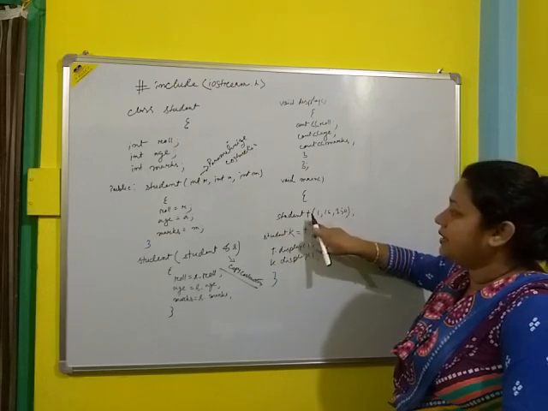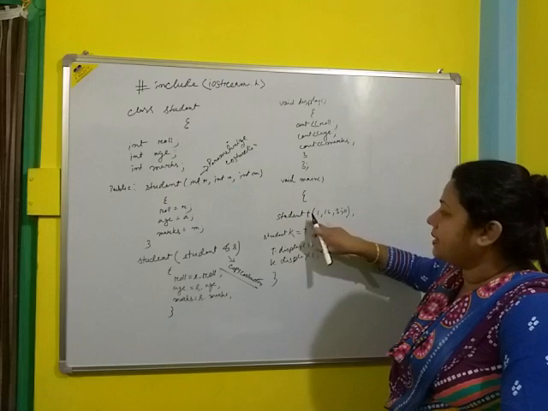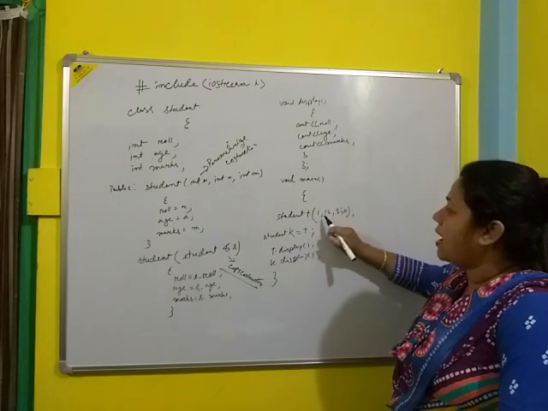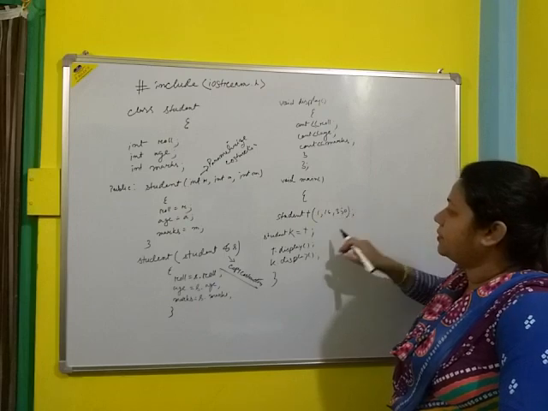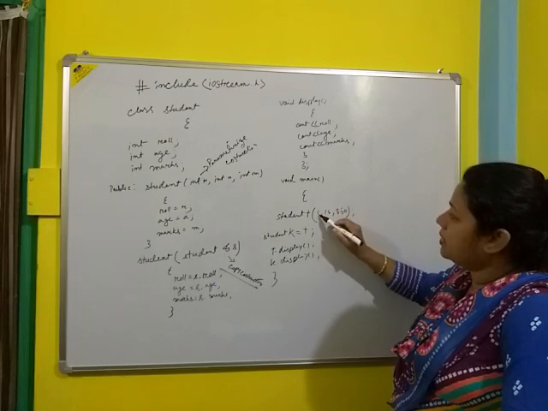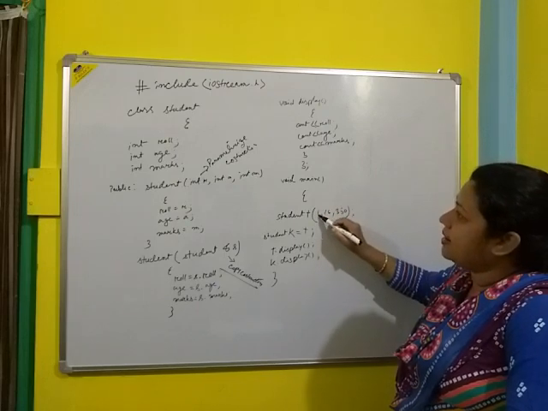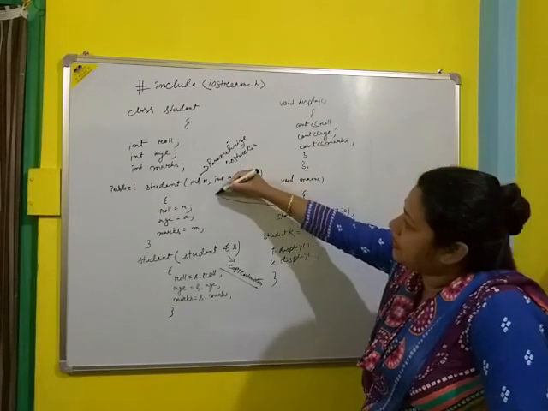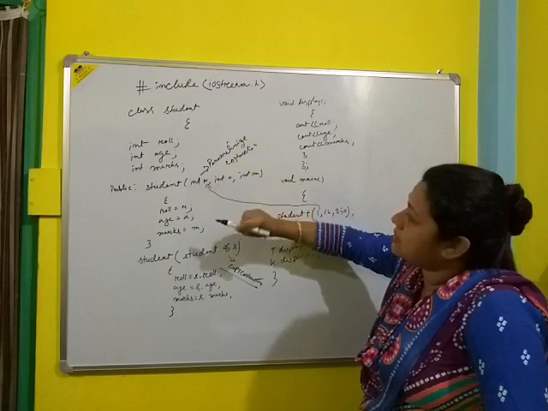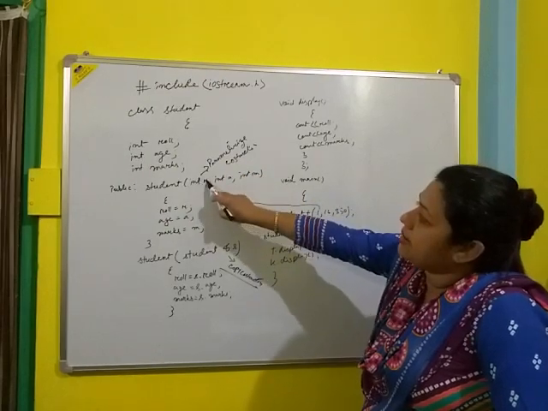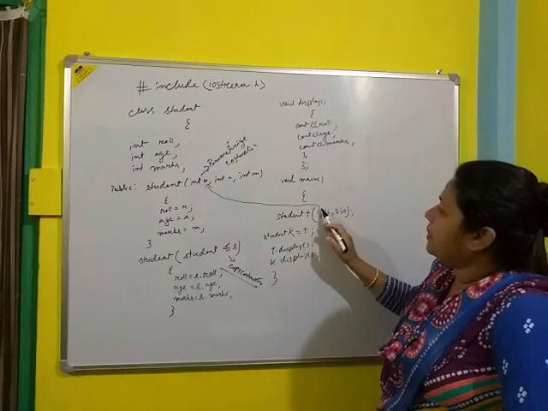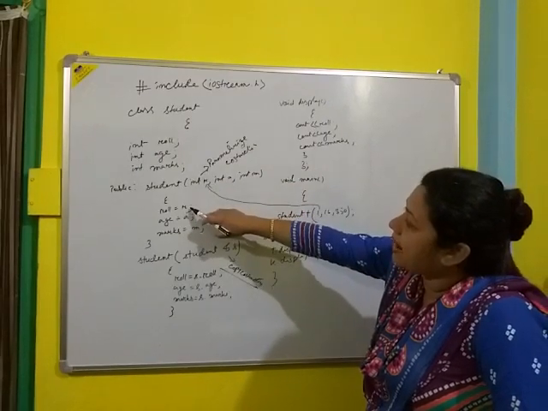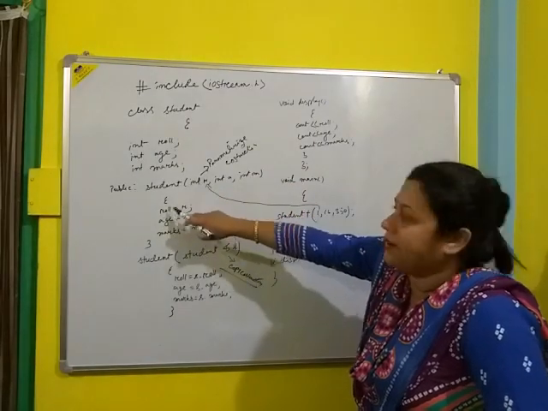At the time of declaration of the object T, I initialize the data values, that is 1, 16 and 350. So when you write 1 here, this will be passed to the parameterized constructor argument R. 1 will be passed to the R, and R will assign the marks 1 to the roll number.